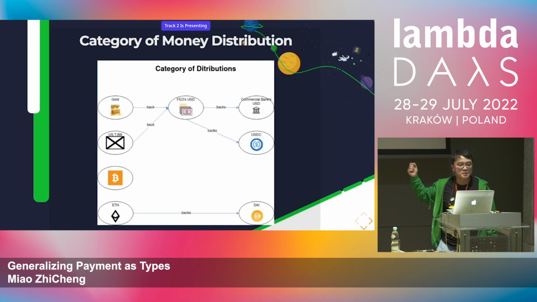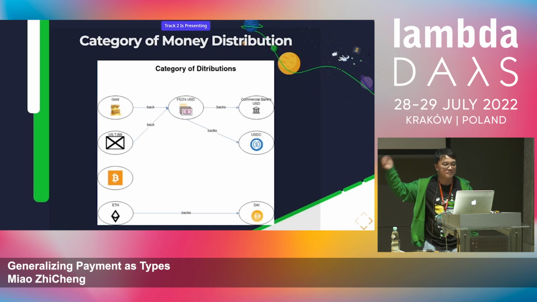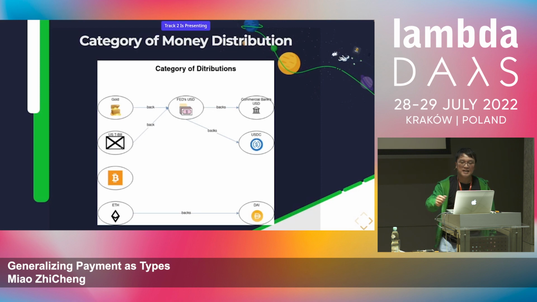Well, the Federal Reserve's US dollar is backed by gold and a bunch of, actually mostly US dollar, US picture is missing here. It's not this one, actually. It's a government debt. And they are kind of backed, right? Backed by those assets. And then the commercial bank's dollar is actually backed by those. You are not using the same dollar. They all call dollar, but they're not the same, right?